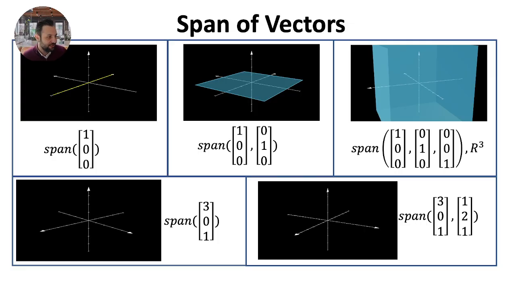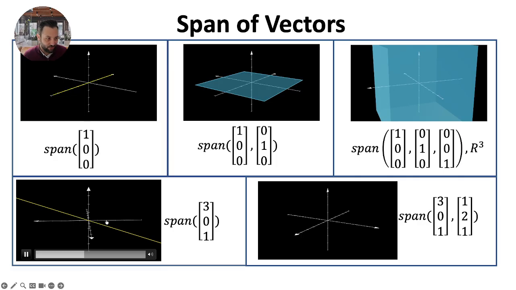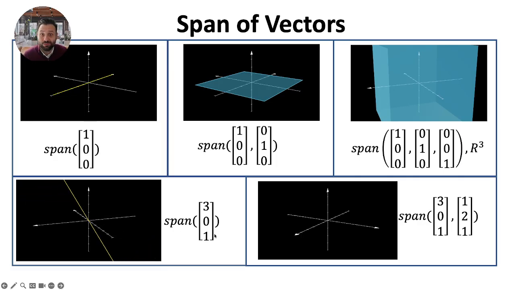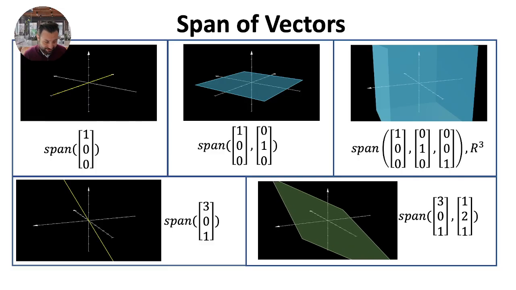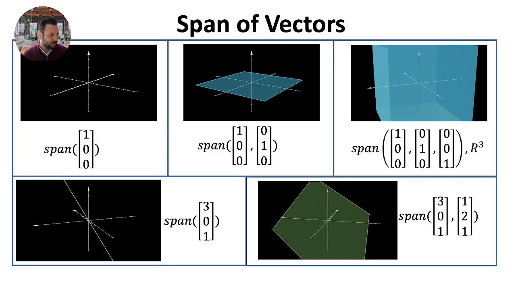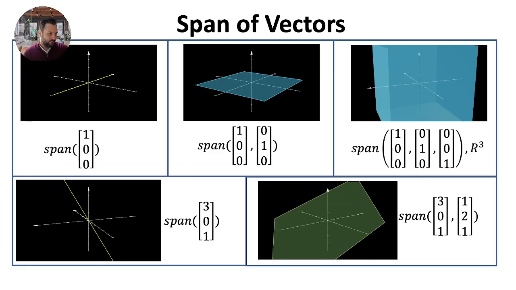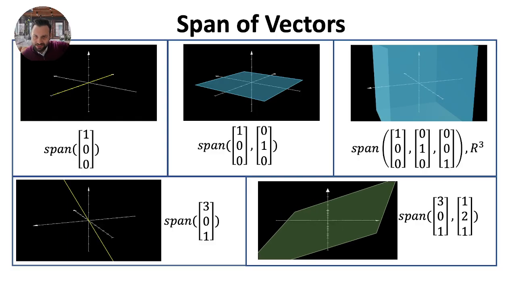So this was going to be a line within a three-dimensional space because the span of only one vector is just a line, and the span of these two vectors is going to be a plane in the three-dimensional space. Why is this important?